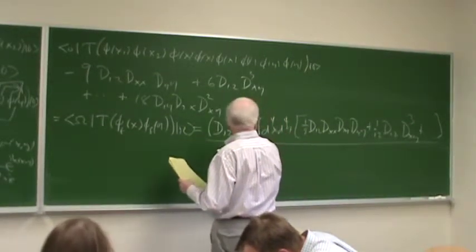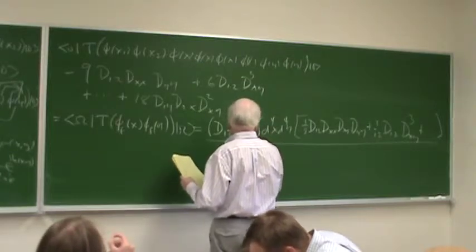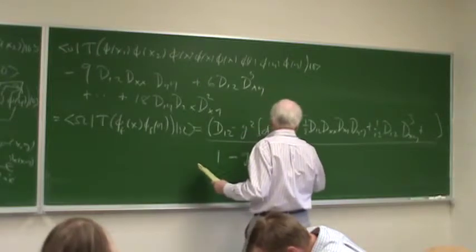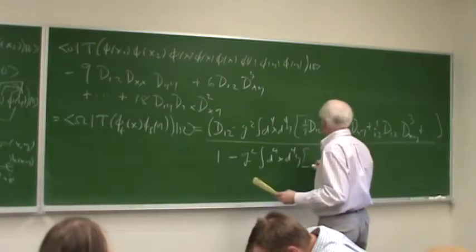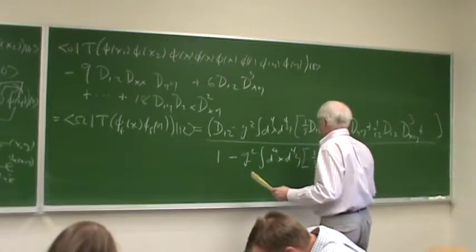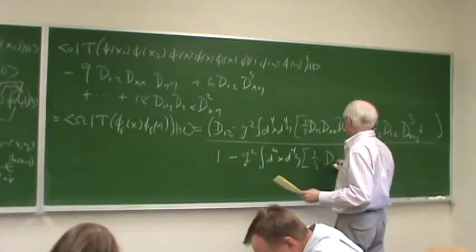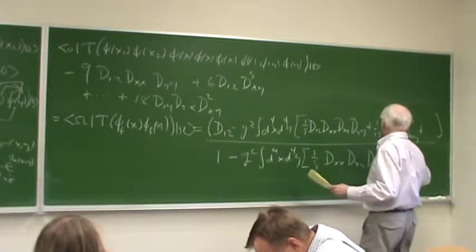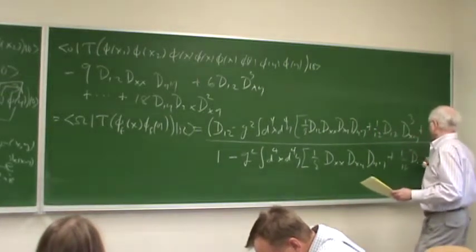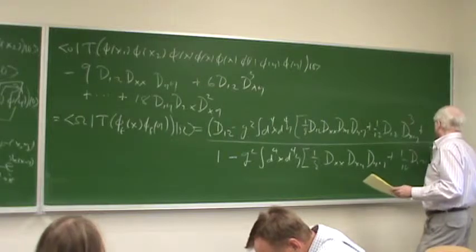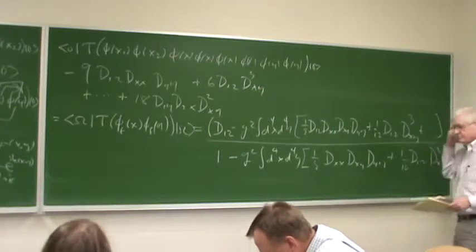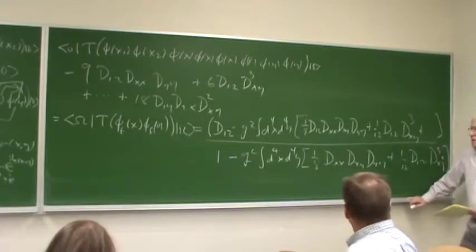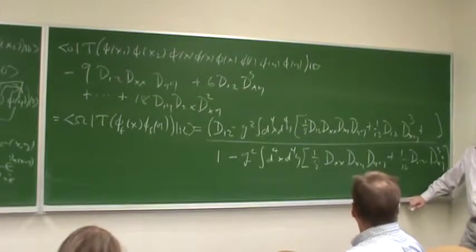In other words, it would be 1 minus g squared integral d^4x d^4y, and then this square bracket, but without the D12. All right, this is of course only to order g squared.